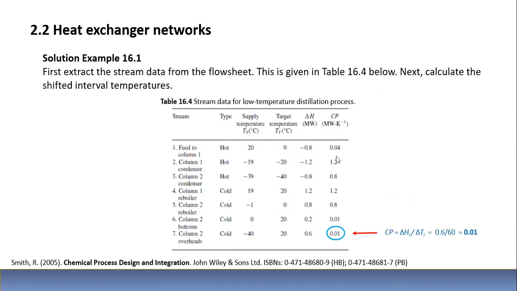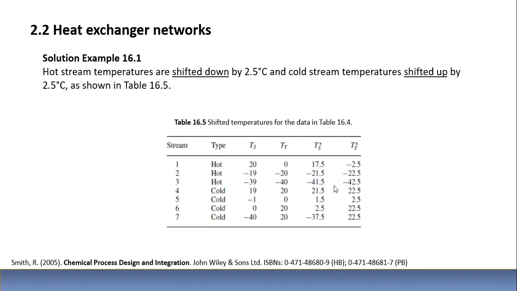The reason why we have these 2 tables is, the first one is to make the necessary calculations, the energy calculations, the CP calculations, etc. Then here we have the actual supply and target temperatures. Now what we're going to do is determine the shifted temperatures.